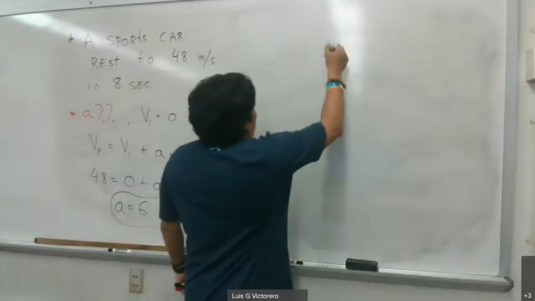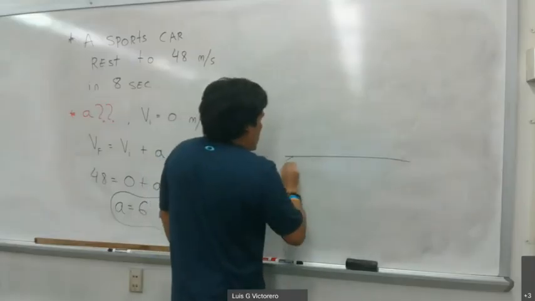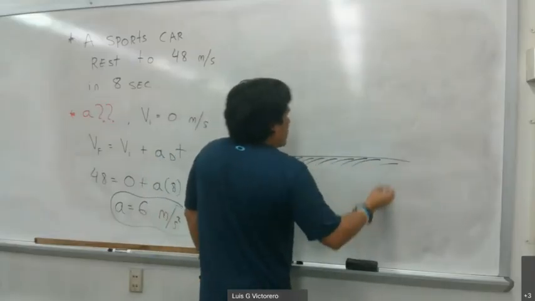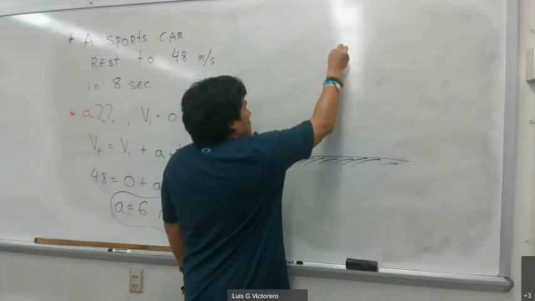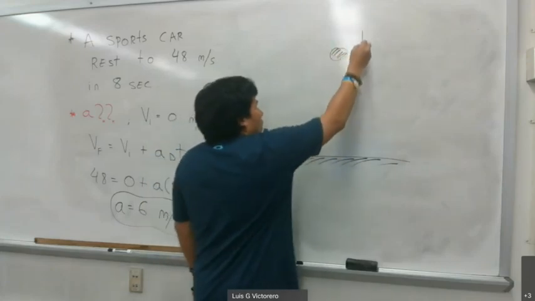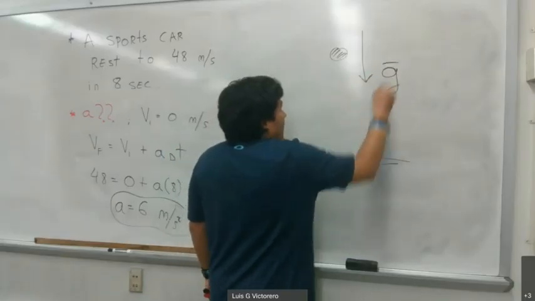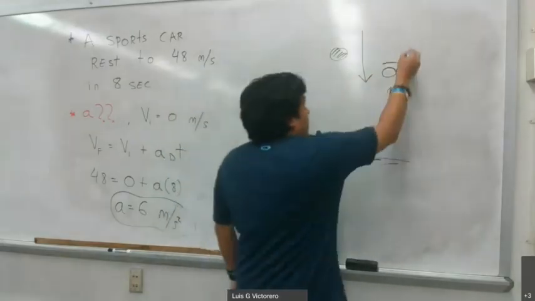So, what Galileo said is that if you have an object, this object will accelerate towards the ground due to gravity.